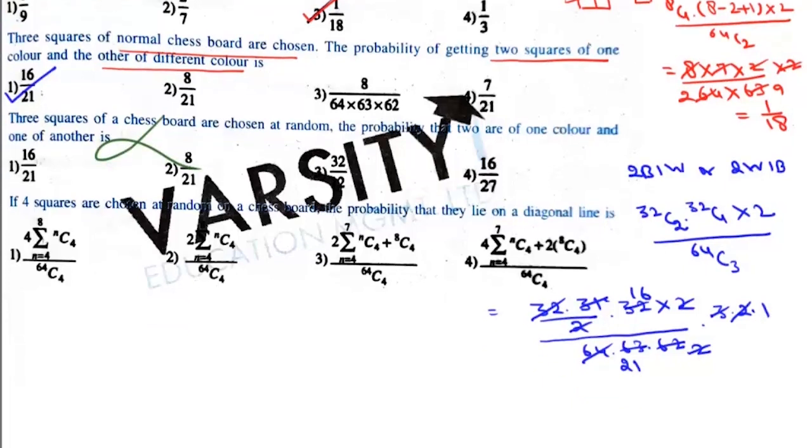And then finally we have 4 squares are chosen at random from a chessboard. We need to find the probability that they lie on a diagonal line. So if we look at diagonal lines, here we have 1, 2, 3 and 4.